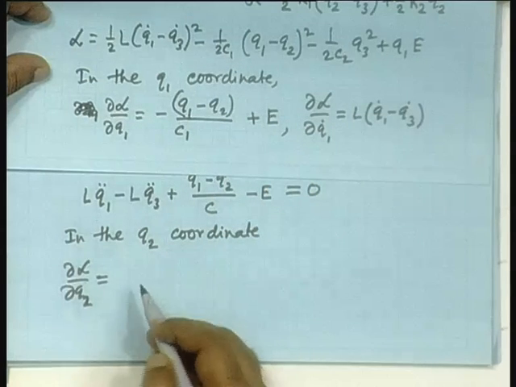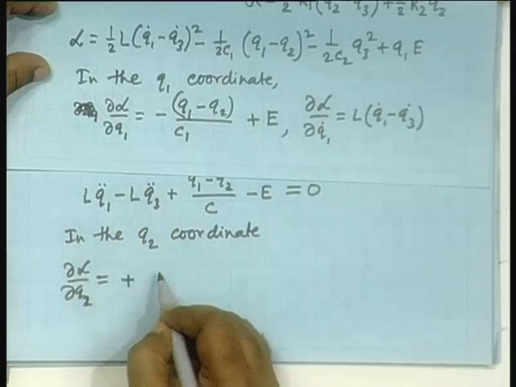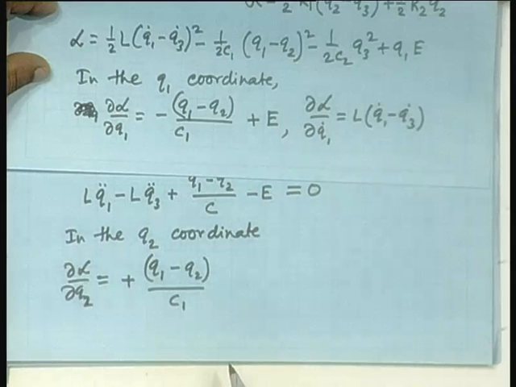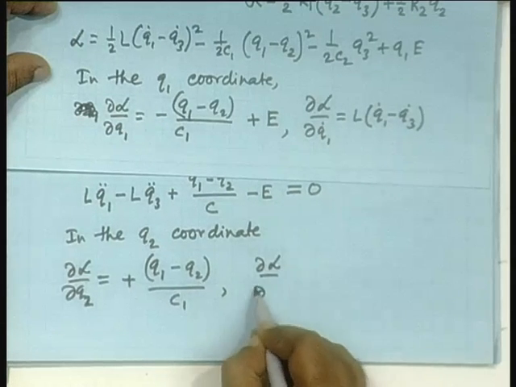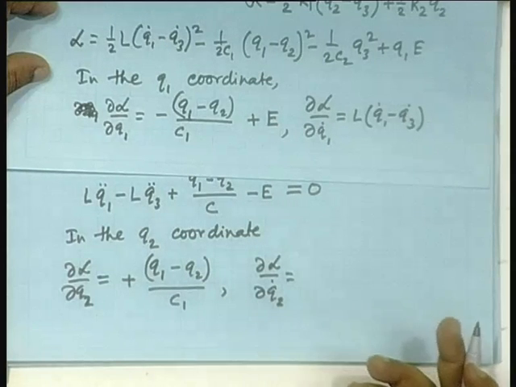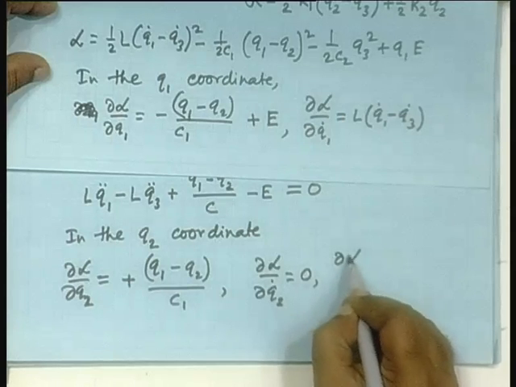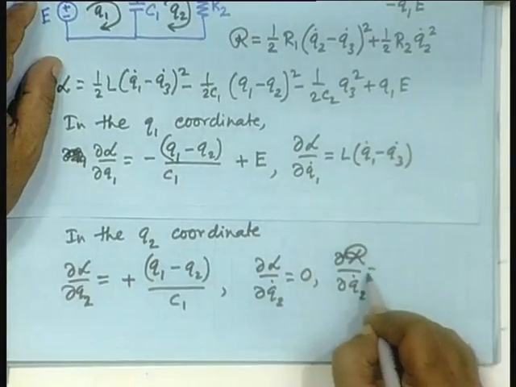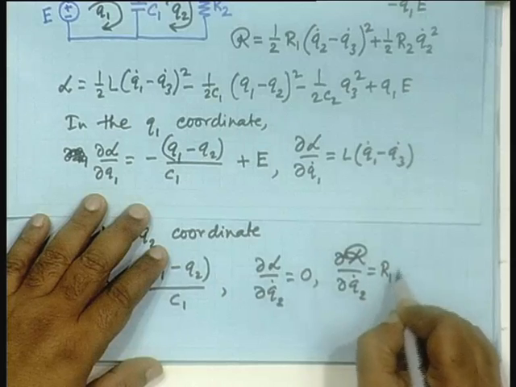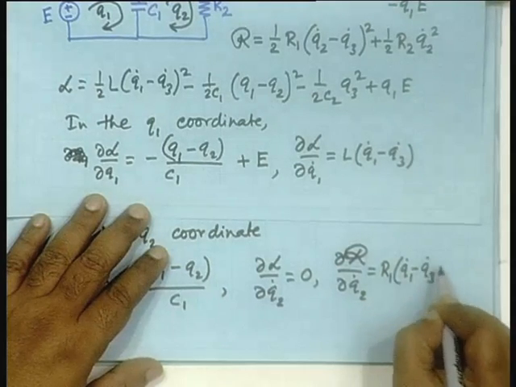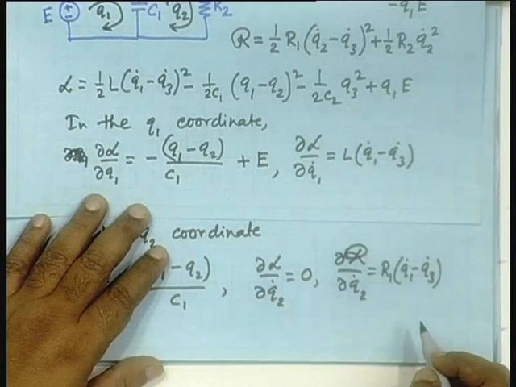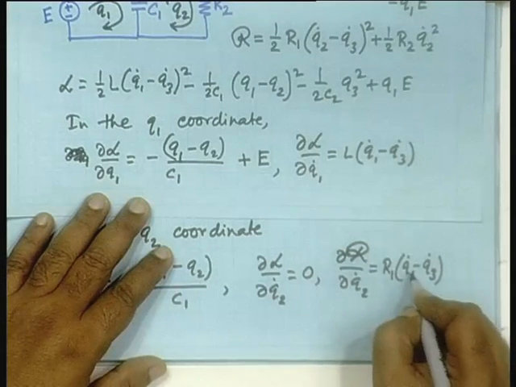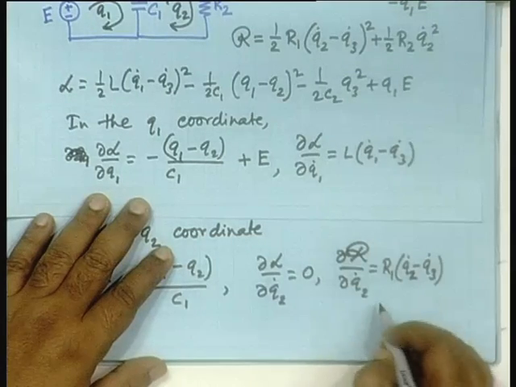So, you have plus, and nothing, the Lagrangian with respect to q2 dot is 0, and the derivative of the Rayleigh function with respect to q2 dot is r1 q2 dot minus q3 dot, and the other term will also remain.